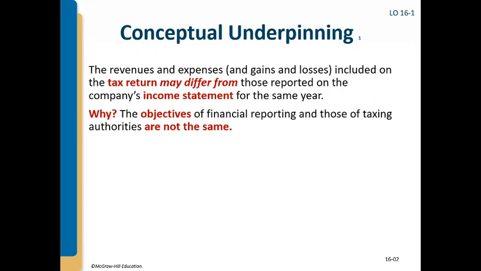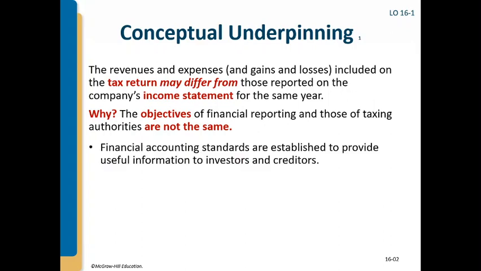Well, you have to understand what the objectives are of financial accounting versus what the objectives are for income tax accounting, or income tax reporting, if you will. Different objectives. For financial accounting, it's all about providing information to users so they can make good decisions.